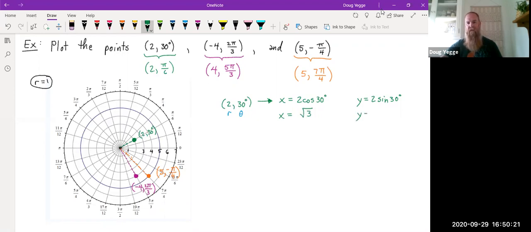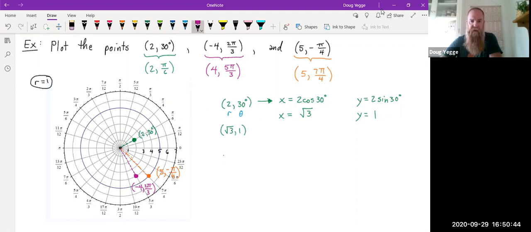And over here, sine of 30 degrees is 1/2, so we've got 2 times 1/2, which is y equals 1. And therefore, this point over here could be rewritten in rectangular form as the point root 3, 1. Which makes sense because that would be in the first quadrant, which is a positive x value and a positive y value. Let's take a look at that next one.